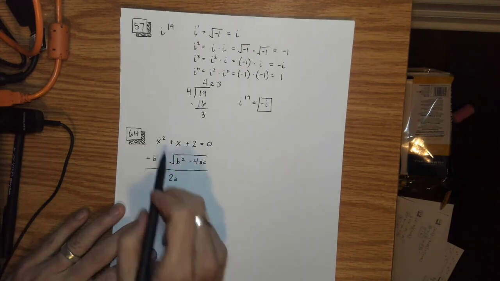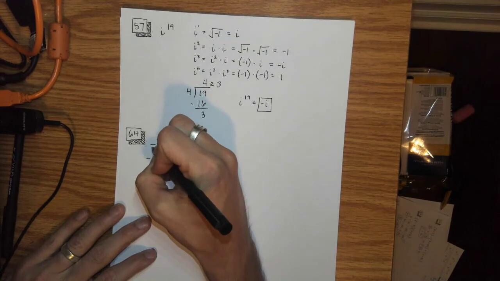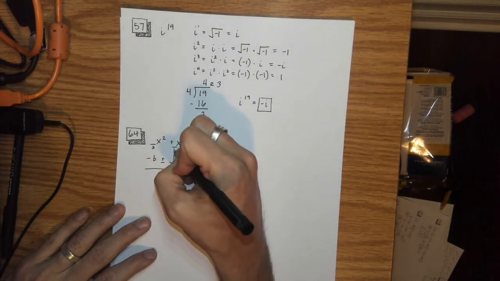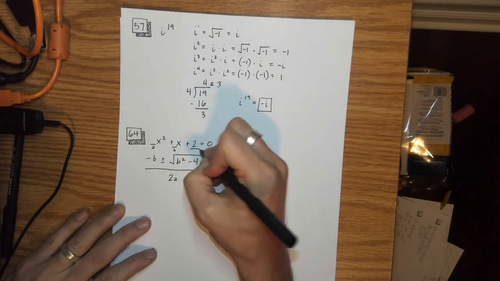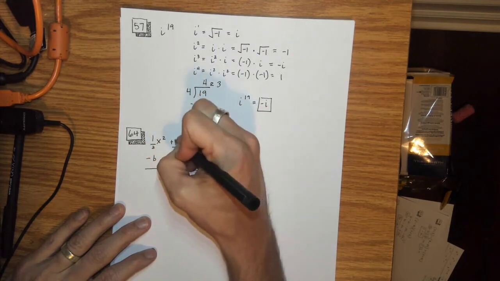So remember, all we do is just plug these things in. Remember, this is the number in front of our x squared. That's going to be our a. The number in front of this one is going to be our b. And this number right here is going to be our c. Now, the understood numbers in front are ones on this one, right?